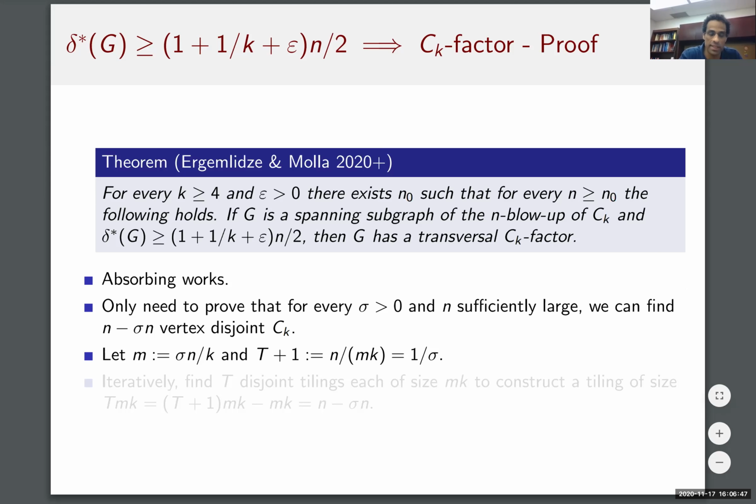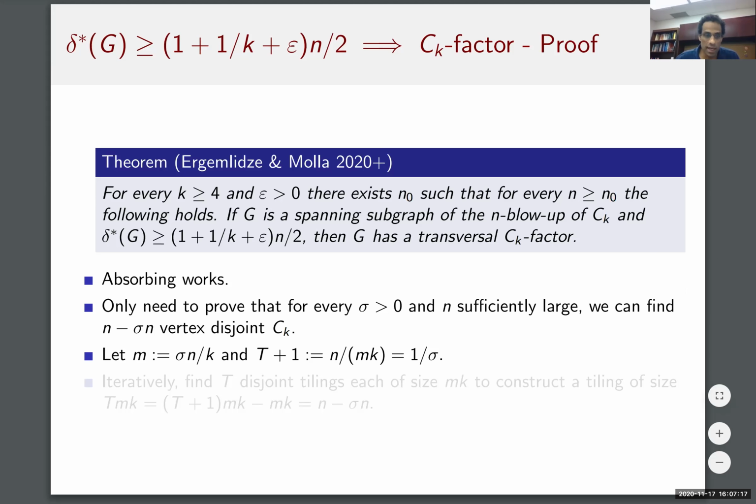But for simplicity, let's assume everything divides. As well, we'll assume that n divided by mk comes out to be an integer. I write here that it's 1 over sigma to say that this t plus 1 is just some constant depending on the sigma we're given. And we can make n as large as we want, so n essentially goes to infinity, and this t is some fixed constant.